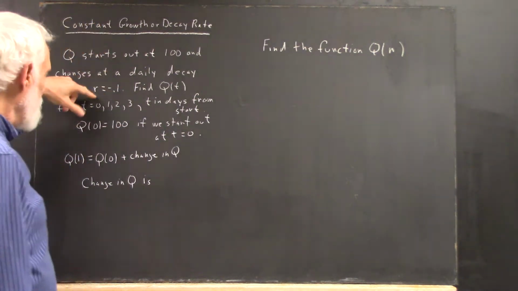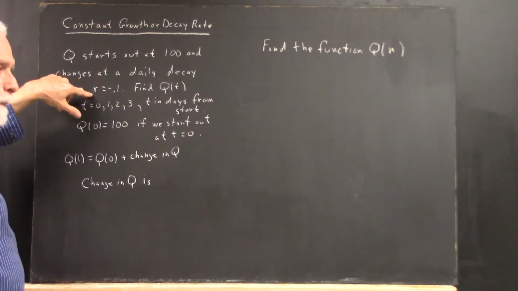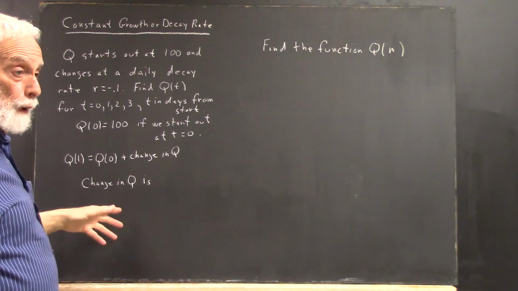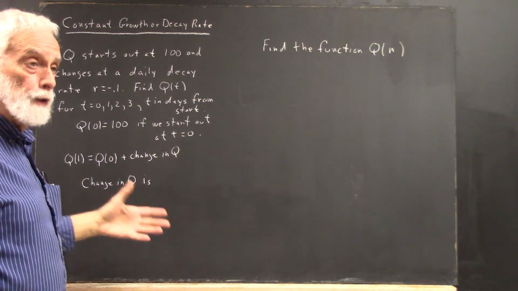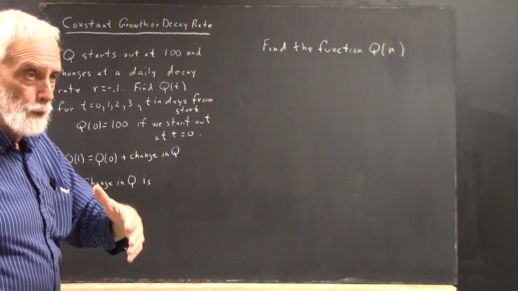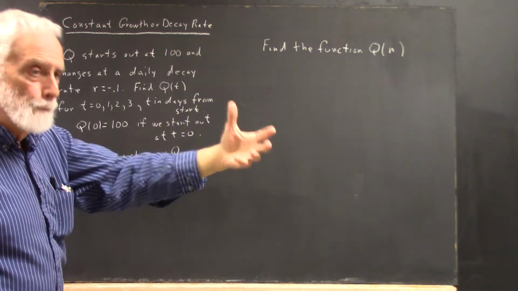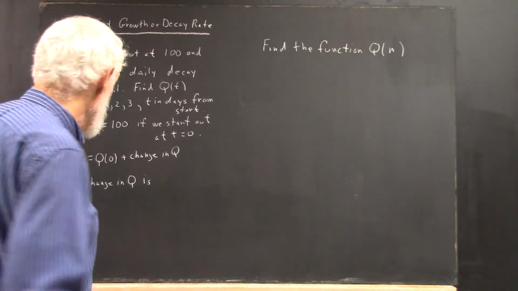What we mean by our decay rate is we multiply this by whatever our quantity is to get the change, just as we multiplied the growth rate by the principal to get the change in the principal.